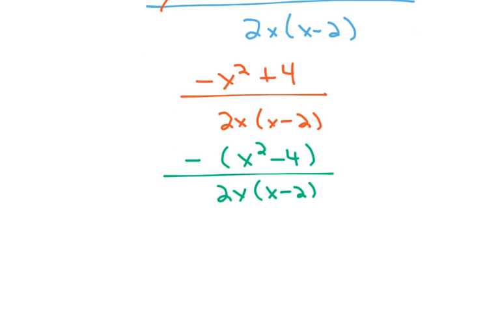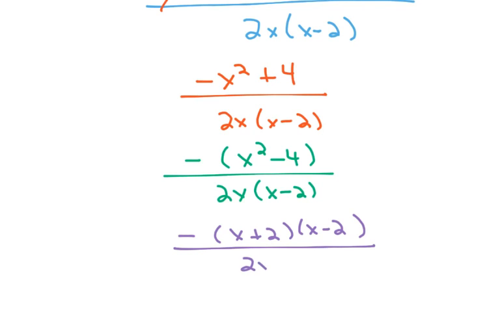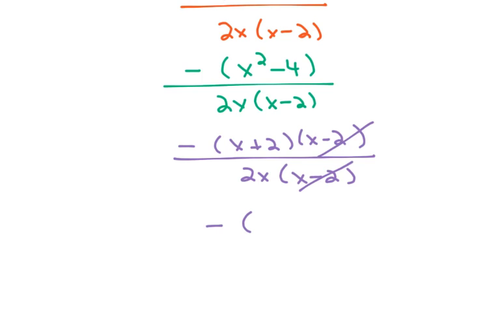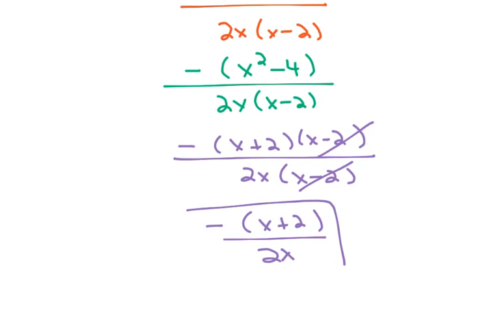It's the one that factors into x plus 2, x minus 2. And look, those cancel. And I'm left with negative x plus 2 all over 2x, which is the final answer, also the final answer in the book.